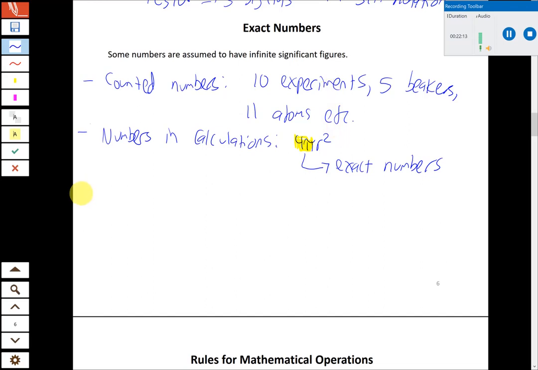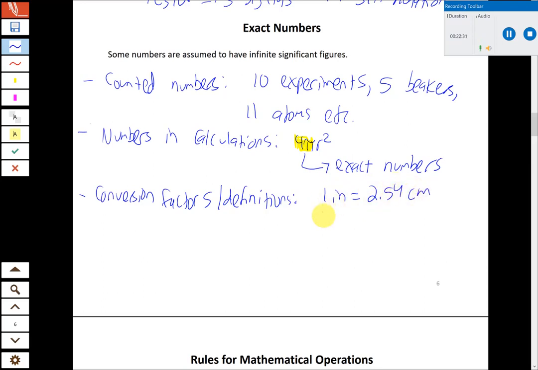And then if we have conversion factors, we're going to use conversion factors a lot in this class, which are factors that allow us to convert between two different units. And these are, again, just based on definitions. They're not really measured quantities. So, 1 inch is equal to 2.54 centimeters. 60 seconds is 1 minute, as we know. Or 10 to the third meters is 1 kilometer.